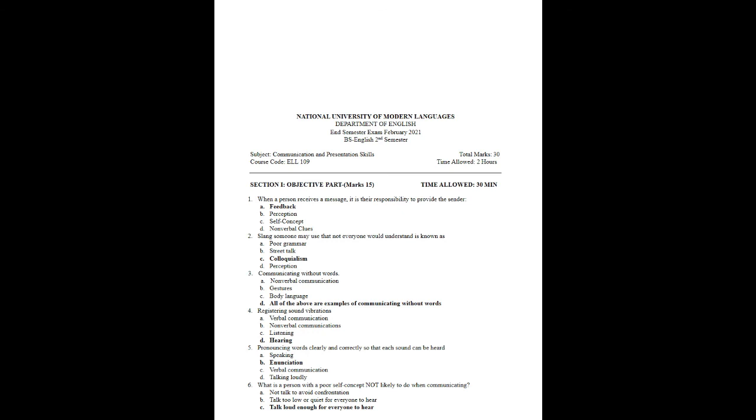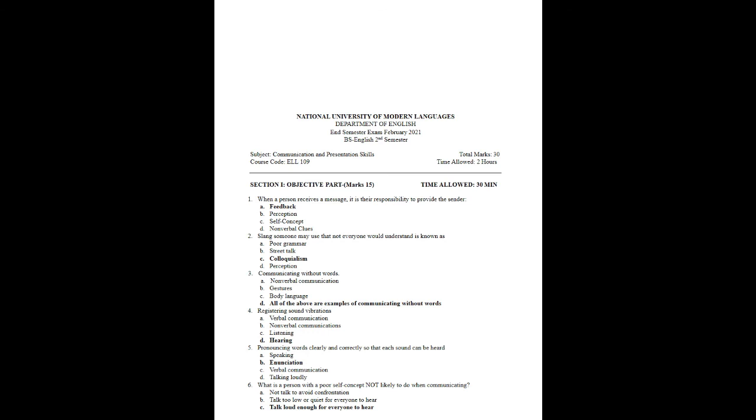Slang that someone may use that not everyone could understand is known as colloquialism. Communicating without words, the option is all of the above. And registering sound vibrations, so the option is hearing. Pronouncing words clearly and correctly so that each sound could be heard, so the option is enunciation.